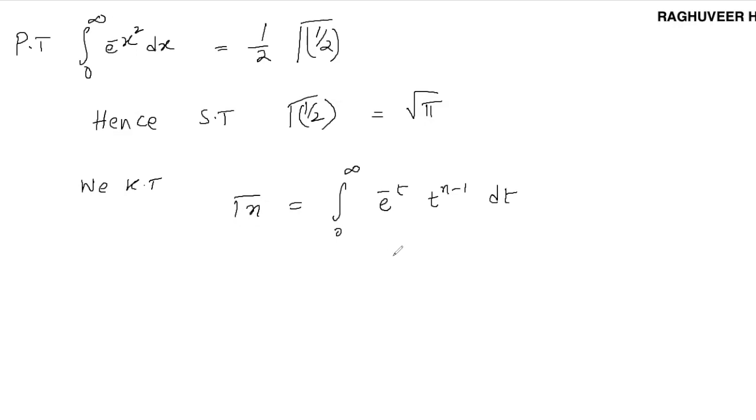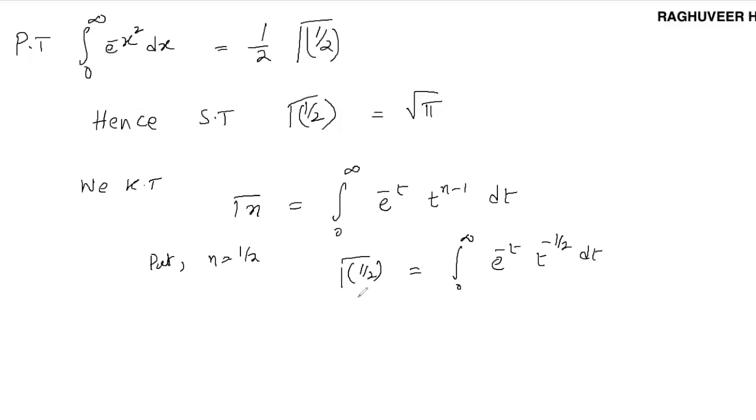Now let us put n is equal to half. On the left hand side you have gamma half, which is equal to integral 0 to infinity e to the power of minus t, t to the power of minus half, dt.